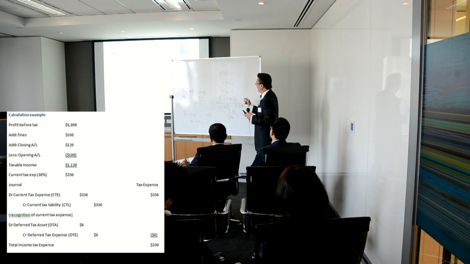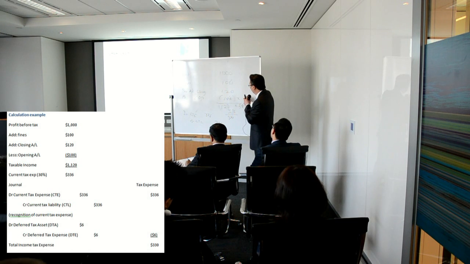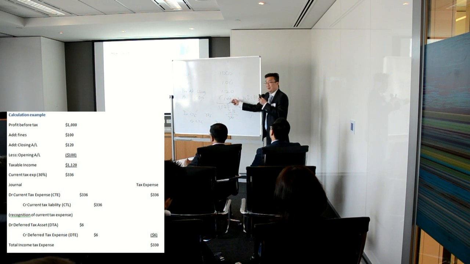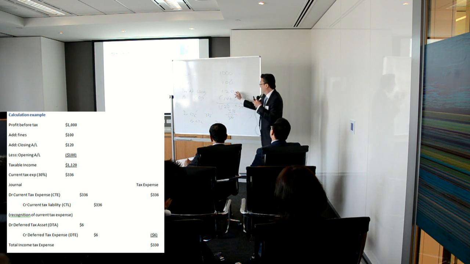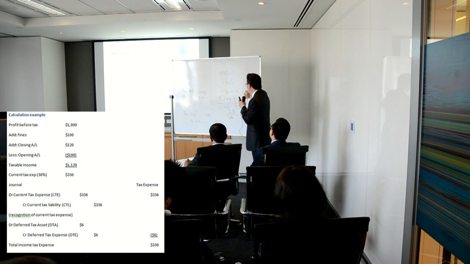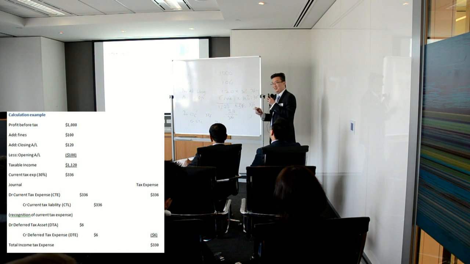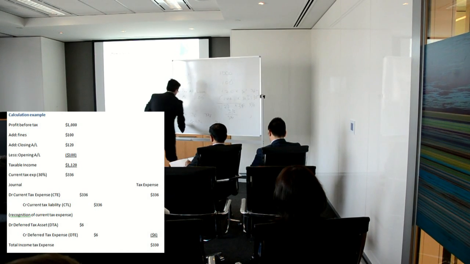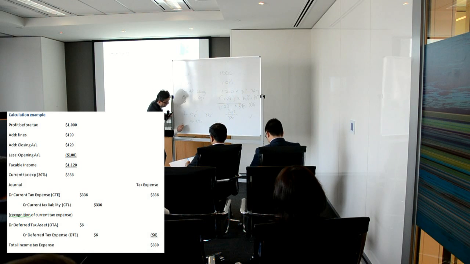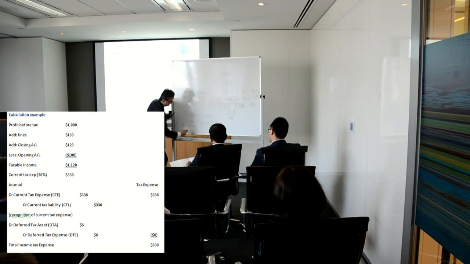Next is our DTA. So our opening DTA is 30. Are you happy with that? Yep. Our closing DTA is 36. So it's increased by 6. We need to debit our DTA by 6. Yep. So I go debit deferred tax asset.